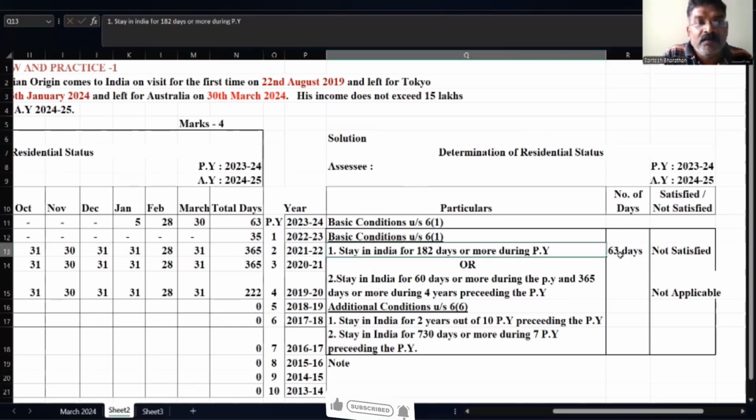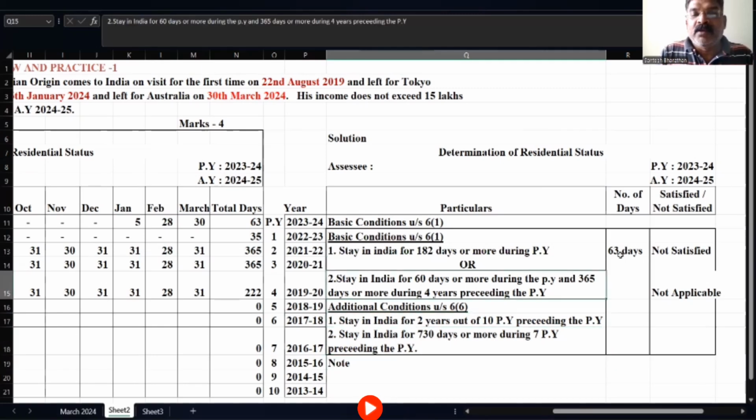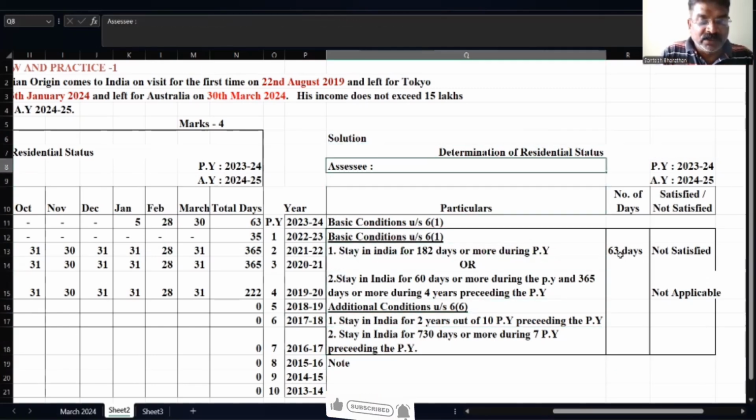Why non-resident? Because Mr. Tom Cruise is of Indian origin. He came to India for the sake of a visit and his income does not exceed 15 lakh. So the first condition he has not satisfied. Since in all the other years he was not there, the basic condition itself, the stay of 182 days, is compulsory. He has not satisfied it. So we treat Tom Cruise as a non-resident. I'll write down the assessee name, Mr. Tom Cruise.